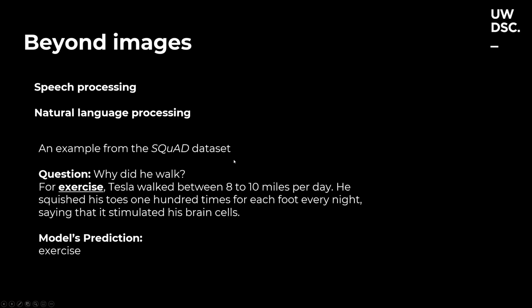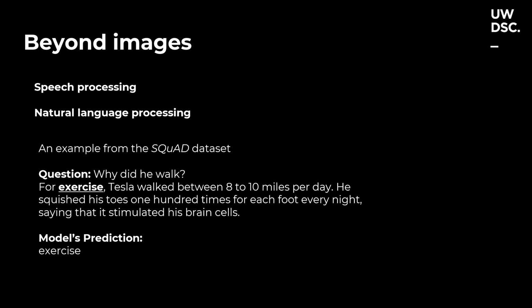And something beyond images. Adversarial attacks can be applied to different domains other than computer vision, such as speech processing and NLP. Here's an example from the SQuAD dataset. The SQuAD dataset is basically a Q&A dataset for natural language processing.